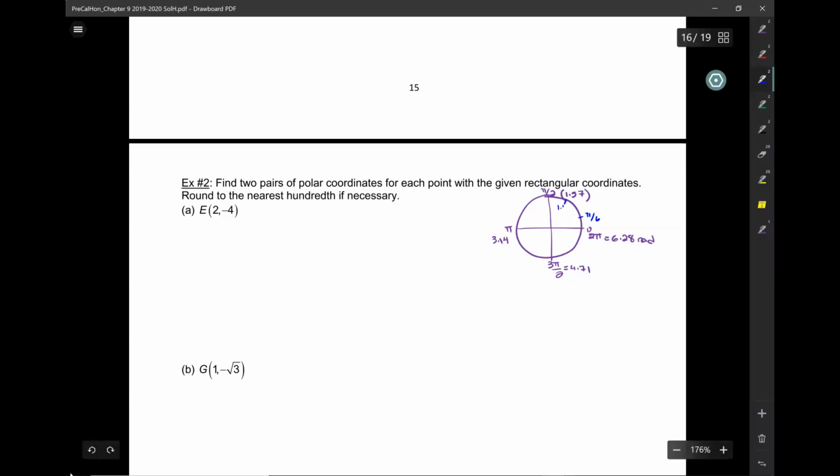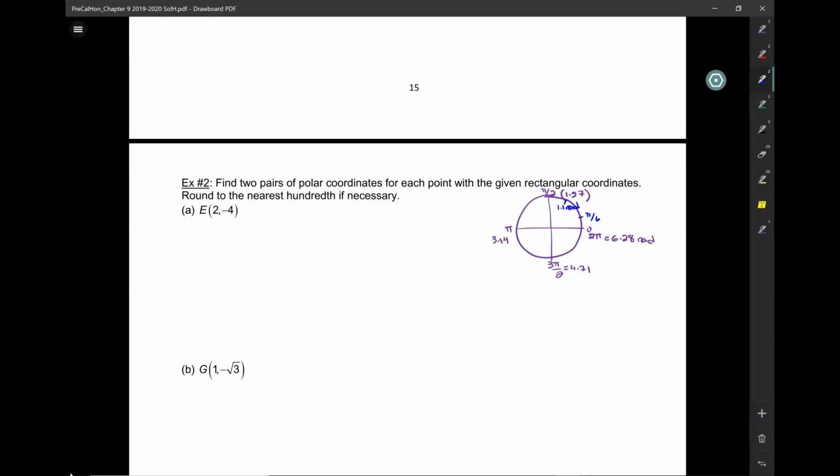Somewhere over there. So those are the numerical values of the angle, basically what number you would get if you plugged pi over 2 into your calculator.